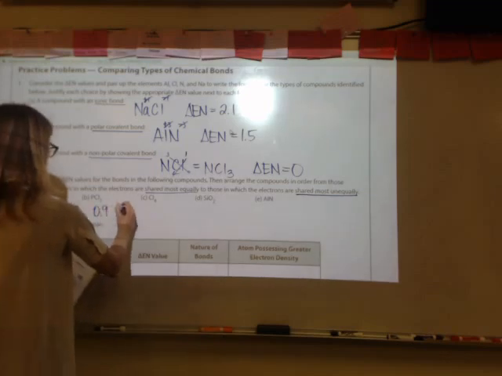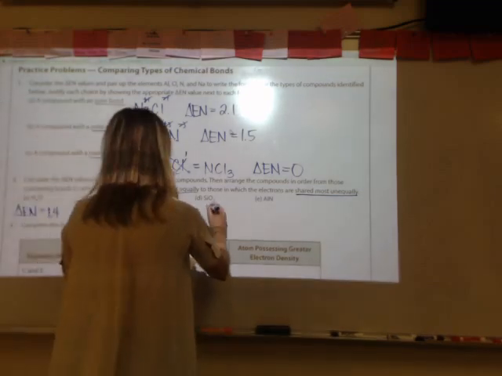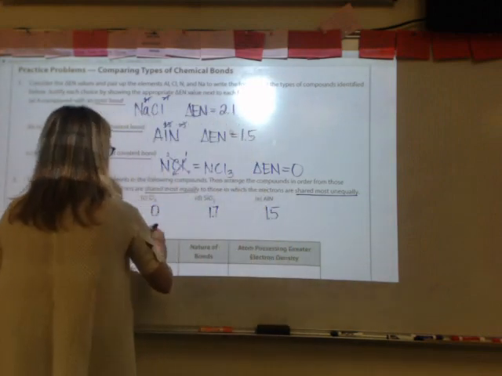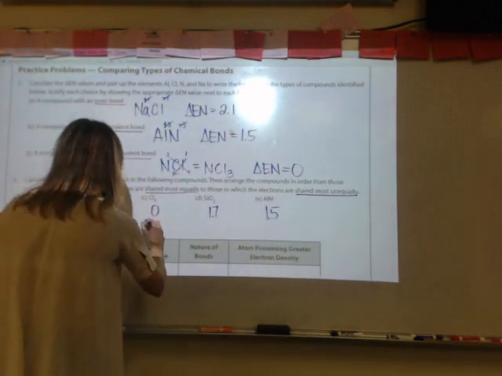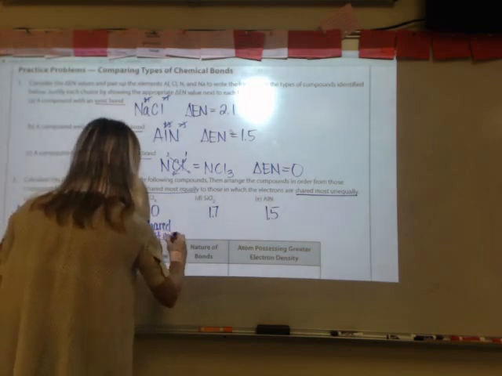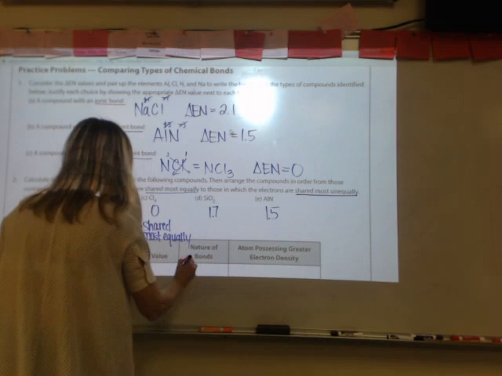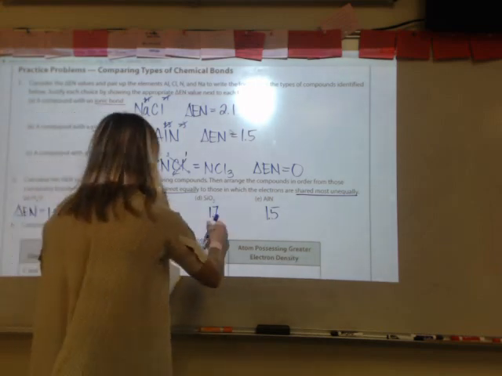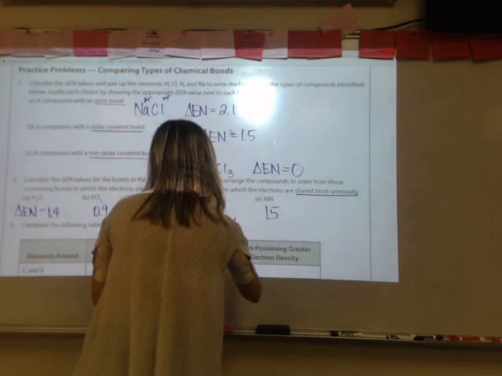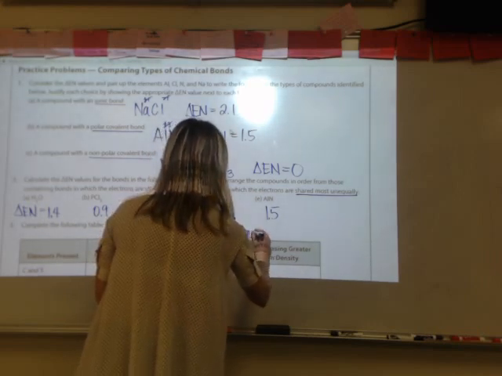Here it is 0.9. Here it is 0. Here it is 1.7. Here it is 1.5. So that means for the Cl4, between the chlorines, this is shared the most equally. And then this is the highest difference. So these would be shared the most unequally.